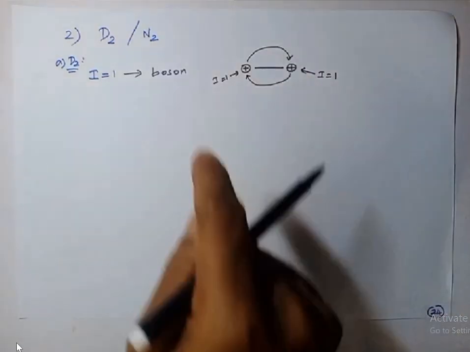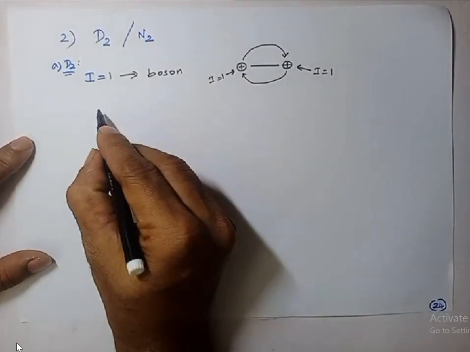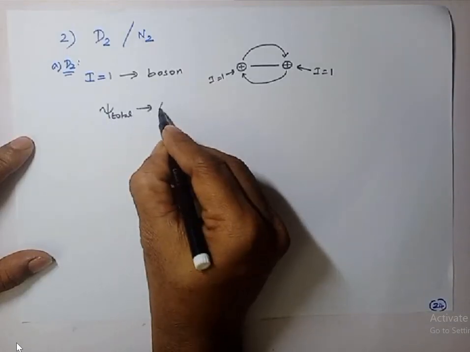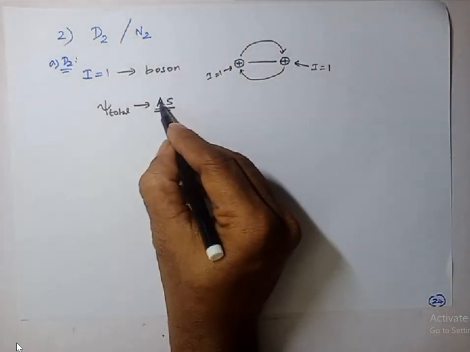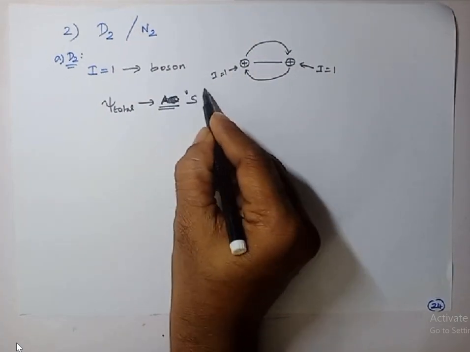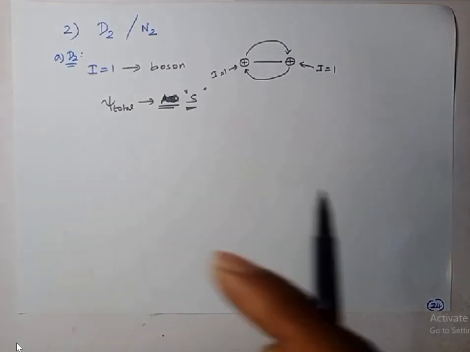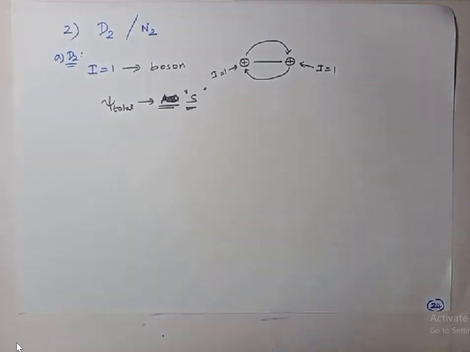When the molecule undergoes rotation, identical bosons exchange their position, which means the total wave function must be anti-symmetric. I am very sorry, the wave function must be symmetric. As per the Pauli principle, when two identical bosons exchange their position, the total wave function must be symmetric.